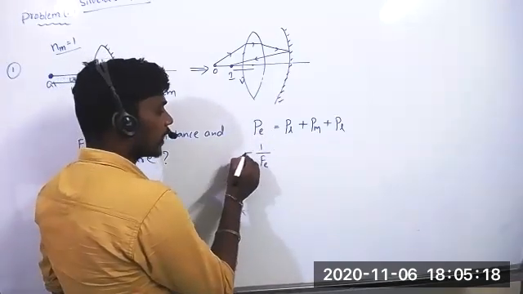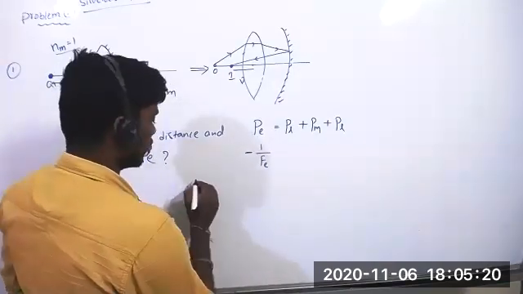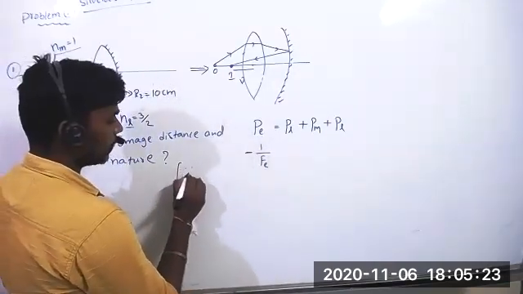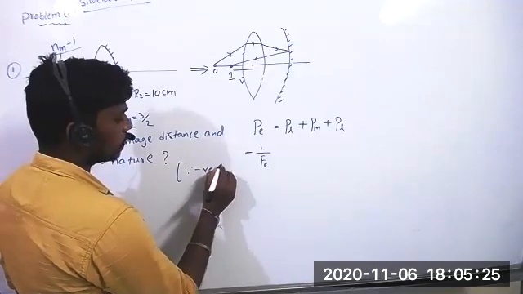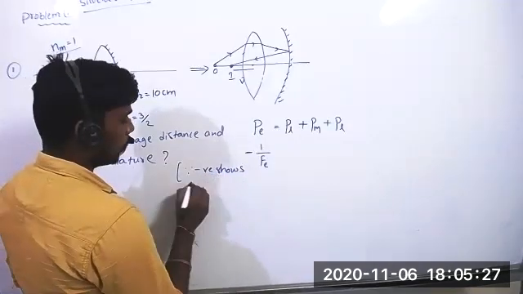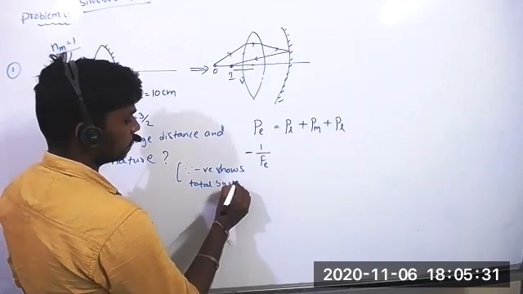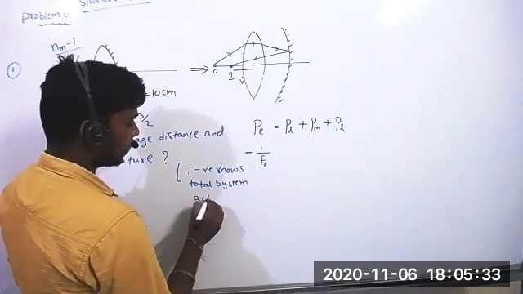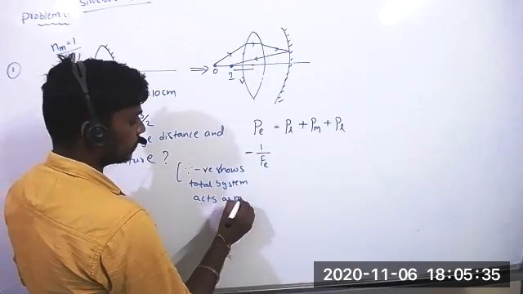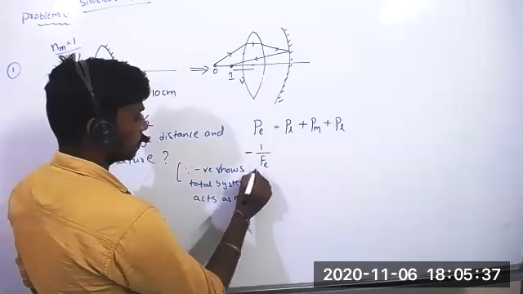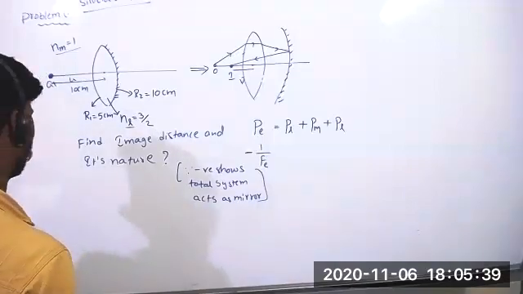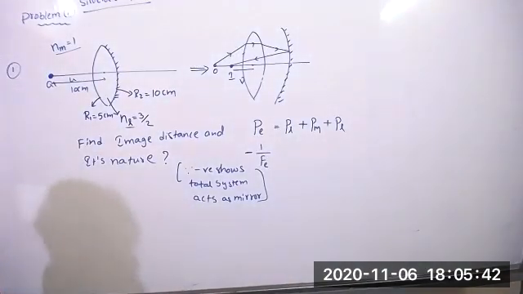Here I am giving negative, since negative shows the total system acts as a mirror. That's why negative. Clear?